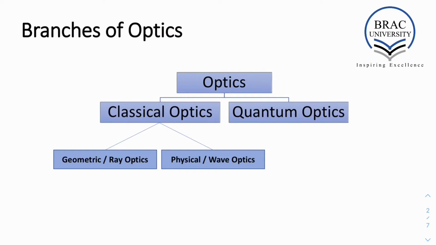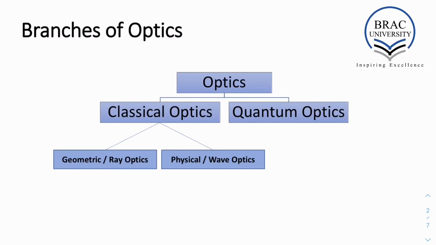You are most likely aware of both these branches. Remember the ray diagrams that you used to draw to locate the position of the images of simplified objects? And the concepts of wave that you have used to understand interference and diffraction.